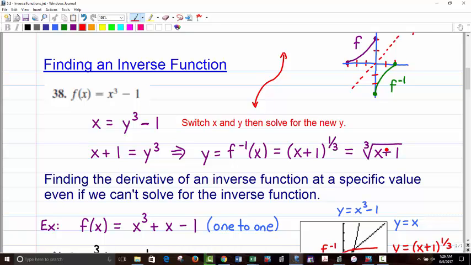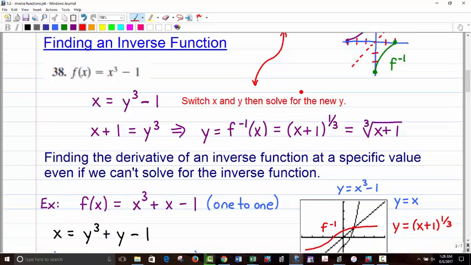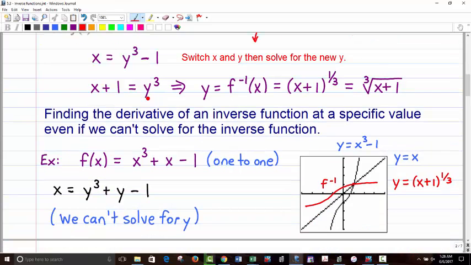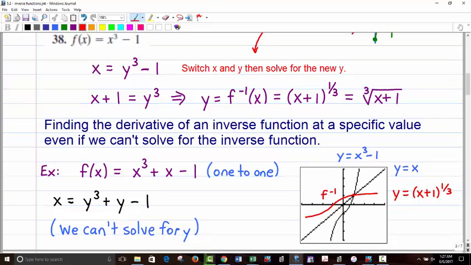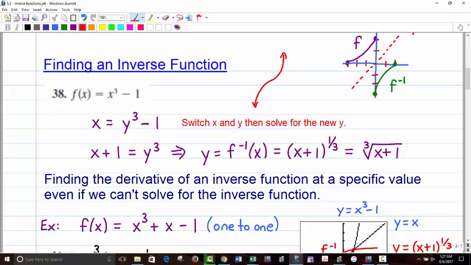Now, a lot of times with a function, the algebra would be either impossible or virtually impossible, whatever the case may be. A nightmare would be accurate trying to solve for it. Here's a good example of that. But anyway, let's suppose we wanted to find what the derivative of the inverse function is.